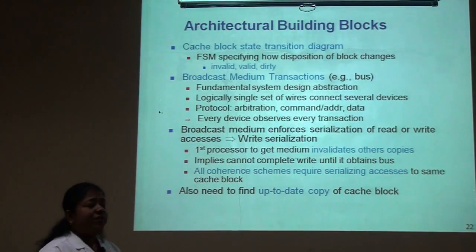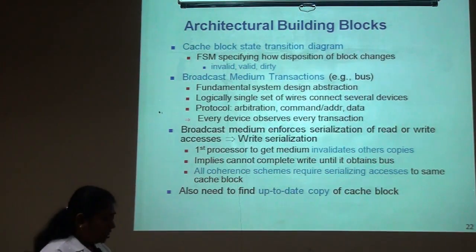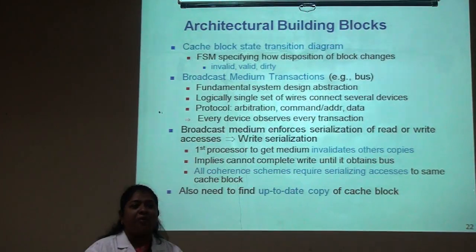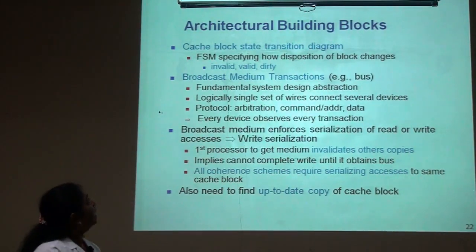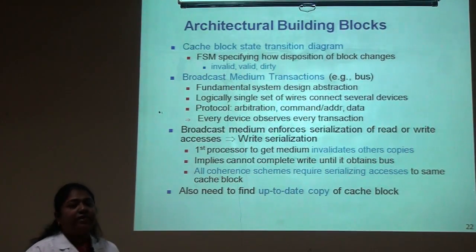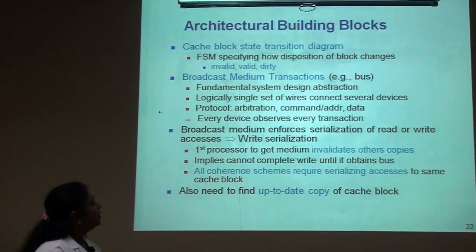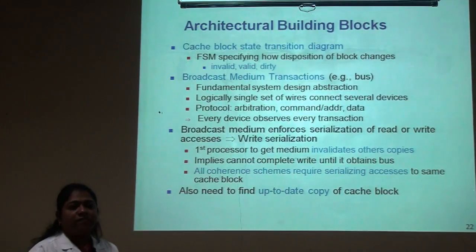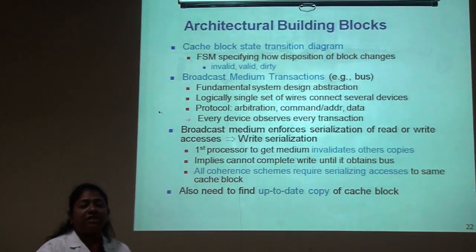For that purpose we have the finite state machine. In the finite state machine, each cache contains extra bits, the invalid bit, valid bit and dirty bit, to see whether block changes have occurred. And here the broadcast medium is the bus. We already know the bus is a communication device.